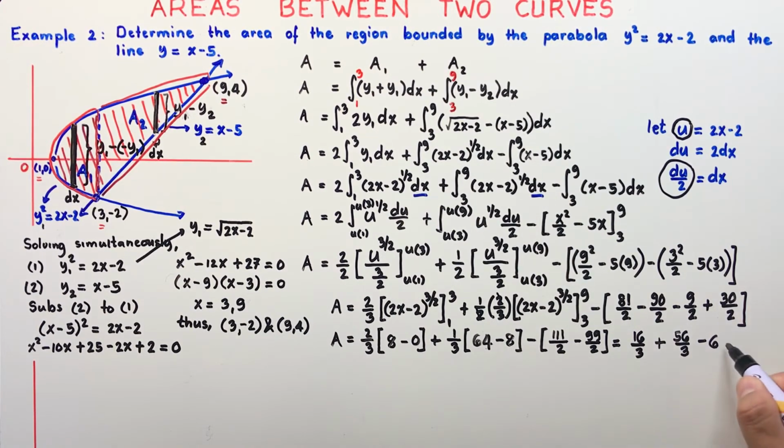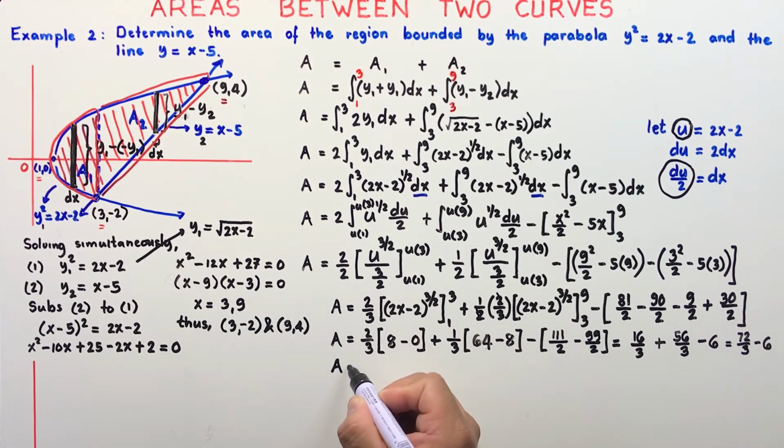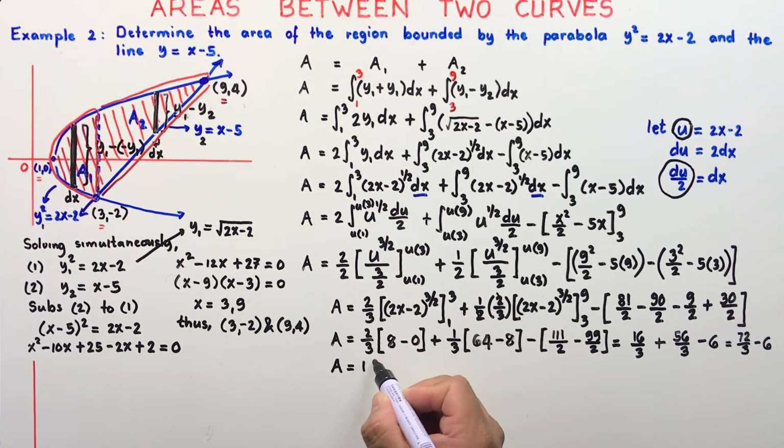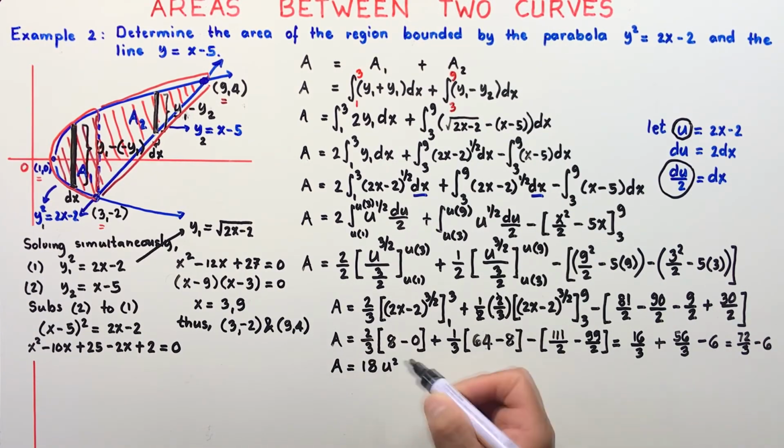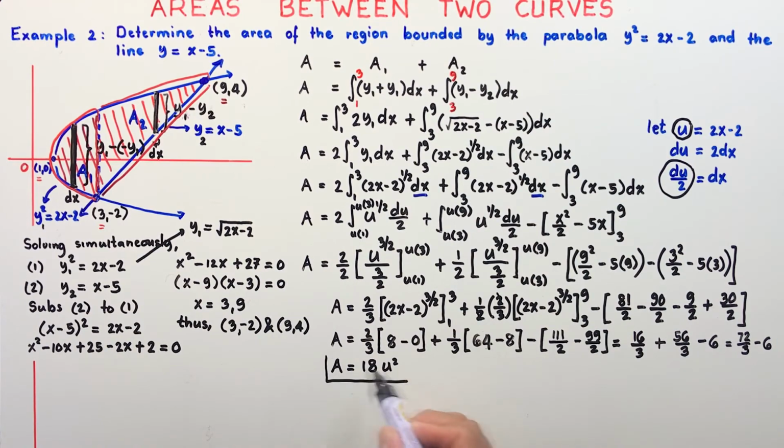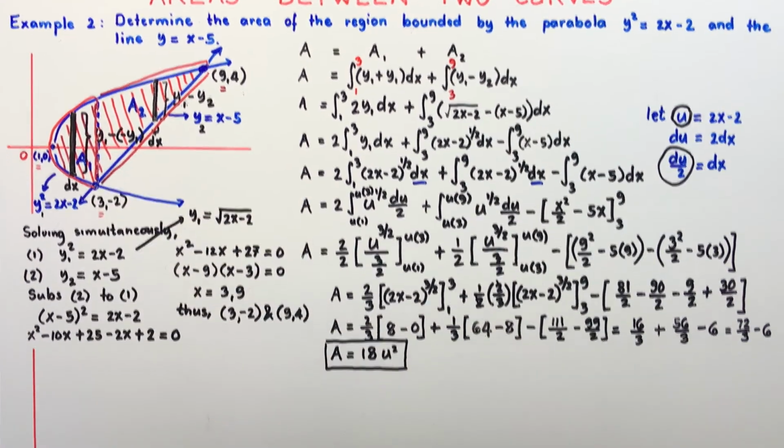So we have here 72 over 3 minus 6. And 72 over 3 is 24. And 24 minus 6 is equal to 18 square units. So therefore, this is the area of this shaded region.